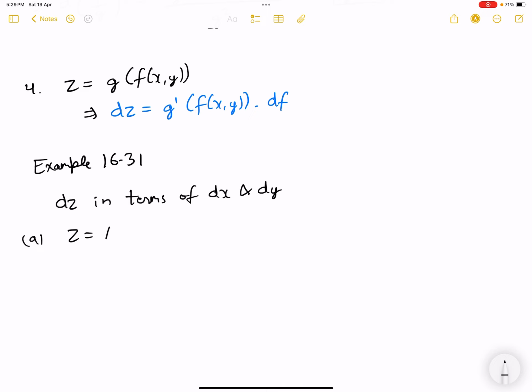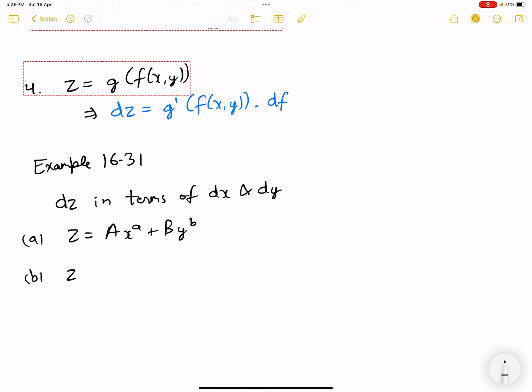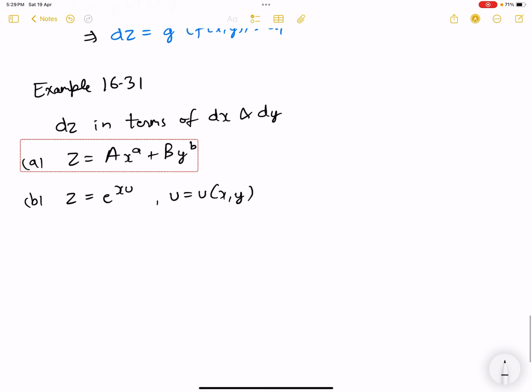Z equals a x to the power a plus b y to the power b. Z equals e to the power xu, where u itself is a function of x and y.